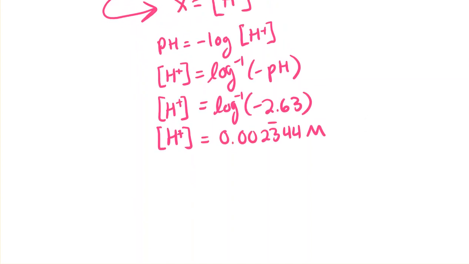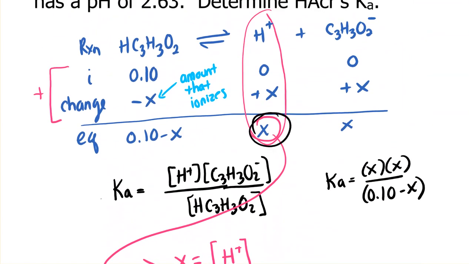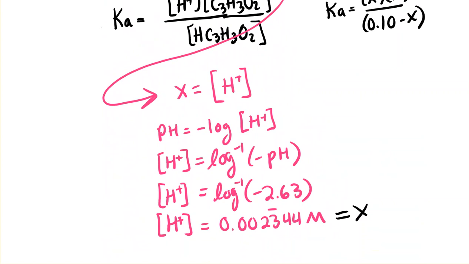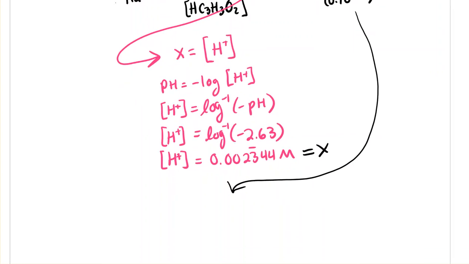Okay, and then the big key was that this is X because of how it was defined up here. That's X. So then we can plug in to this and get our Ka.